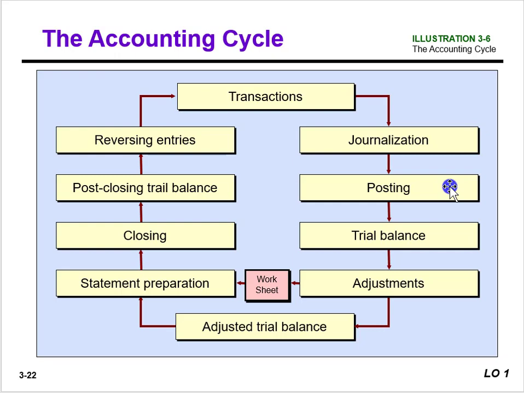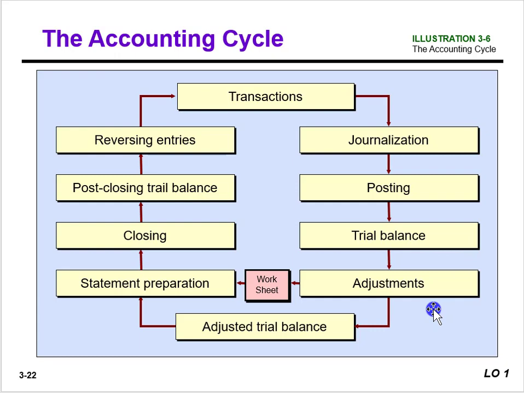Then once they're applied to the individual accounts, you can pull what's called a trial balance, and that's the listing of all your accounts in your business, and they normally should balance overall. They balance to zero, and it's the net visualization of the double entry system. From your trial balance, you typically have adjustments.